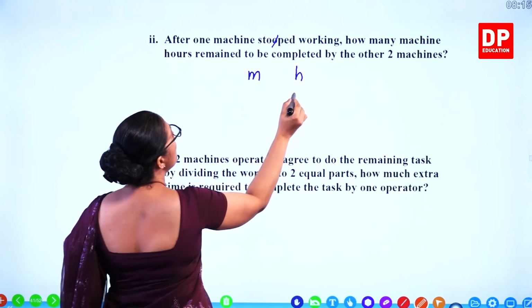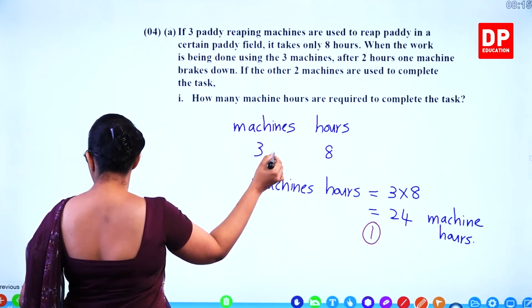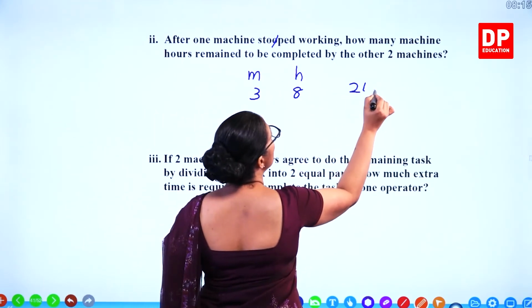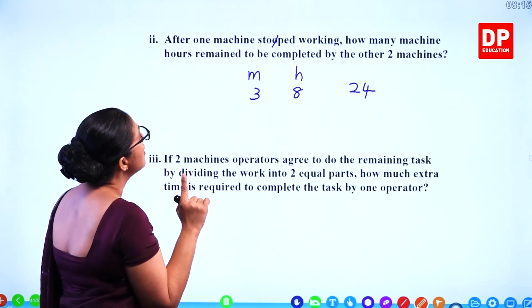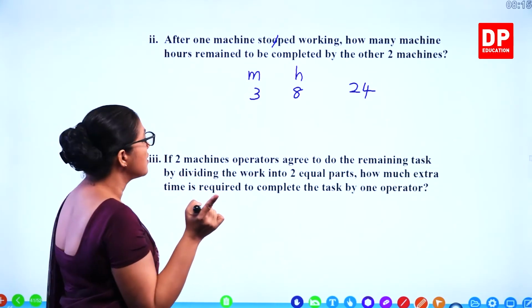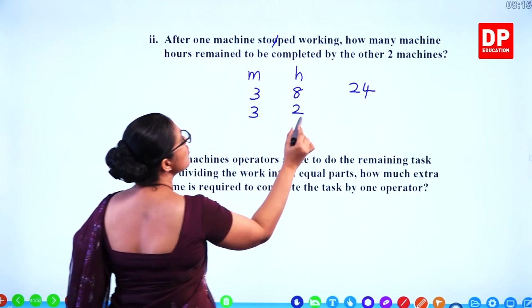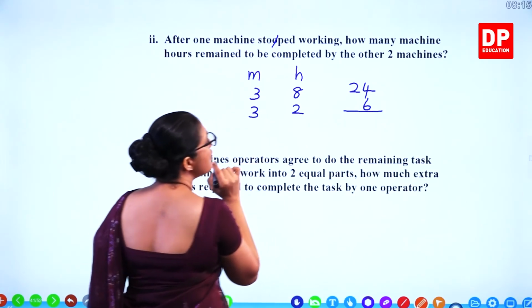So 8 hours and 3. Required 24 machine hours. But after 2 hours, so 2 hours worked with 3 machines. So 3 into 2, 6 machine hours already done.